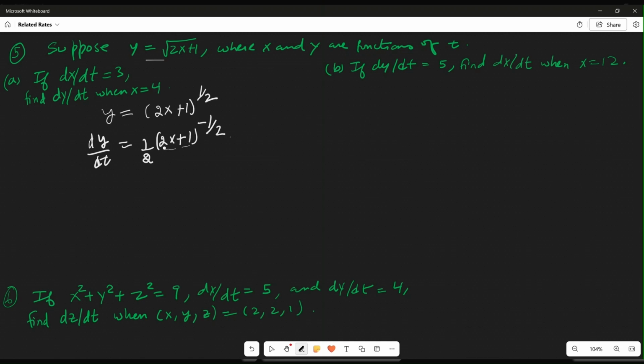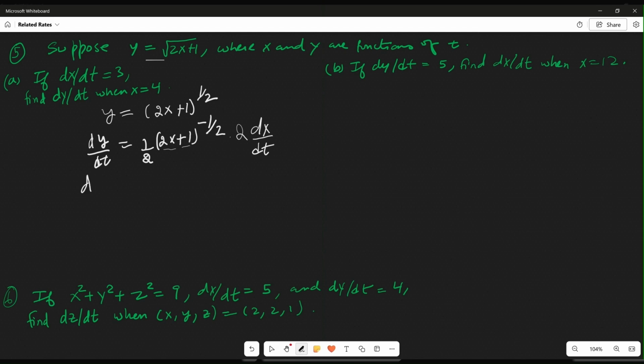And this is a constant multiple. So 2 is a constant times the derivative of x, which is 1, but with respect to t, since x and y are functions of t, so dx over dt, plus the derivative of 1 is 0 since this is a constant.